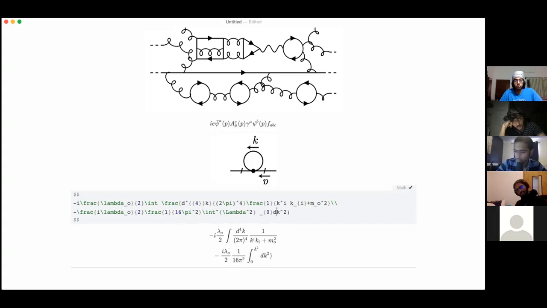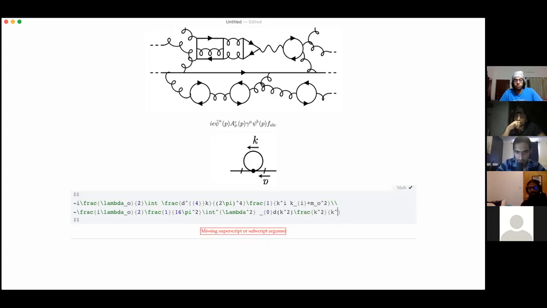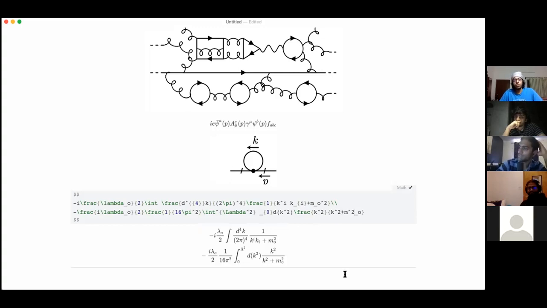It's easier to just deal in terms of k squared itself as a variable: k squared over k squared plus m0 squared. If we expanded this out, it would be k^3 dk, but fine. We see that it's going to be a logarithmic divergence anyway.